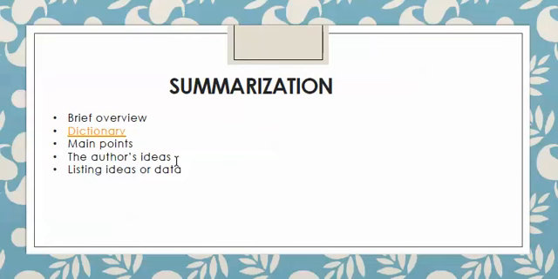Those are the results that it just gives you. It gives you 10 out of 20, or when you're scoring the test, it comes out 10 out of 20. Listing ideas or data: 10 sight words out of 20 sight words, correct. That's summarization.